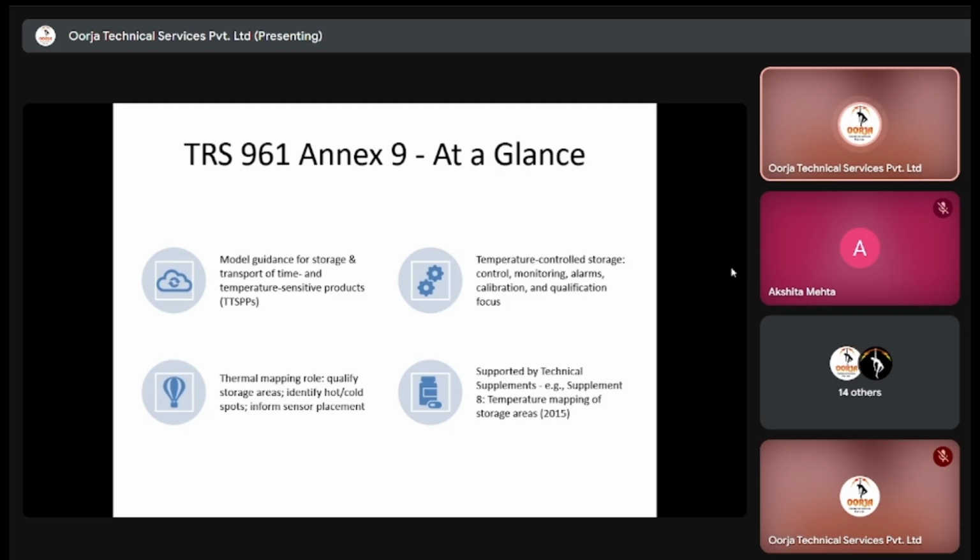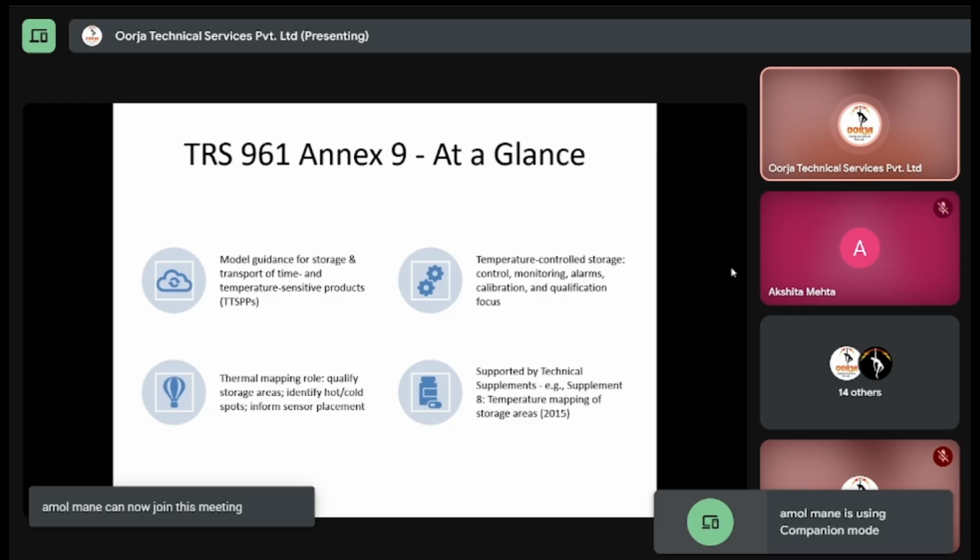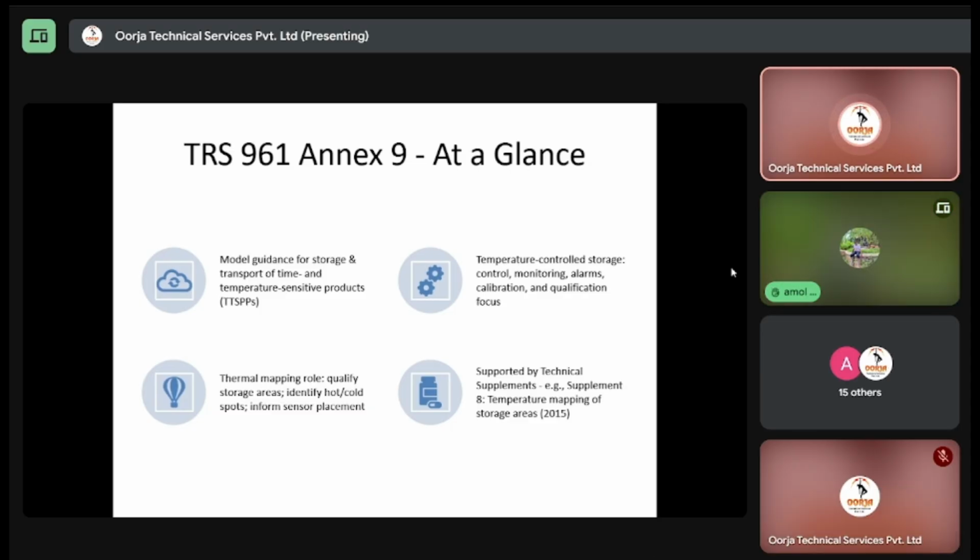As I said, this document is basically to handle TTSPP, that is, time and temperature sensitive pharmaceutical products. So this document is designed to give some guidance on the topic, as I mentioned earlier. Now, particularly in this webinar, the main focus is on temperature controlled storage, right?